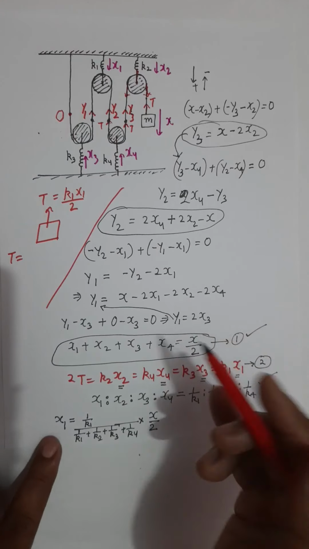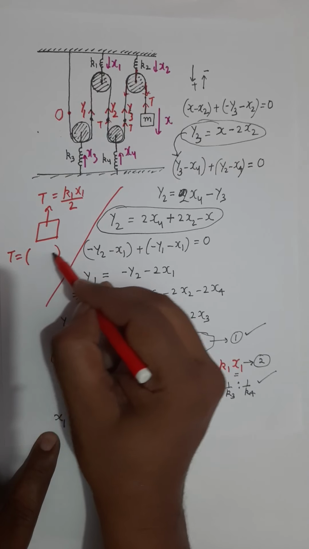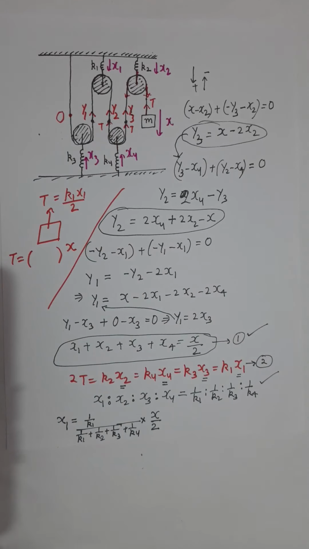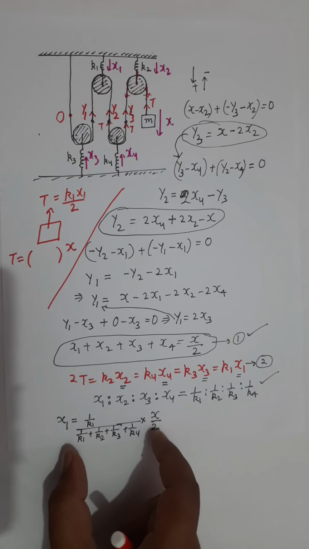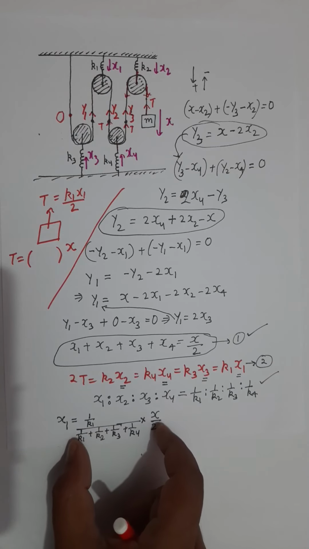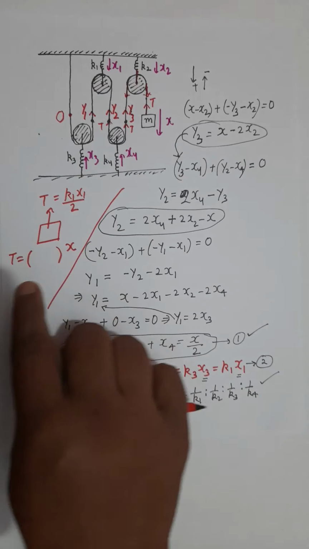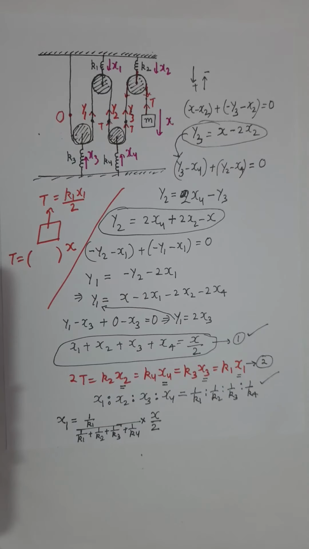Right? You can get the value of capital T and you will get something constant and the term small x. Because of lack of space, I cannot write what will be the value of that term, but it's very easy. You put this value of x1 here, and you can simply get a relation between capital T and small x.